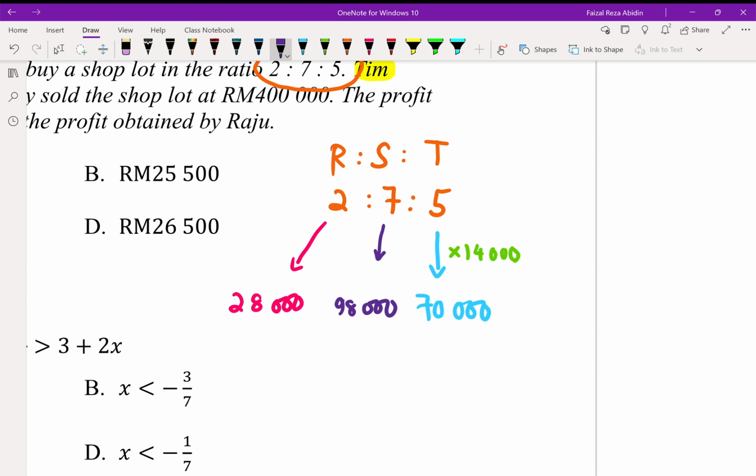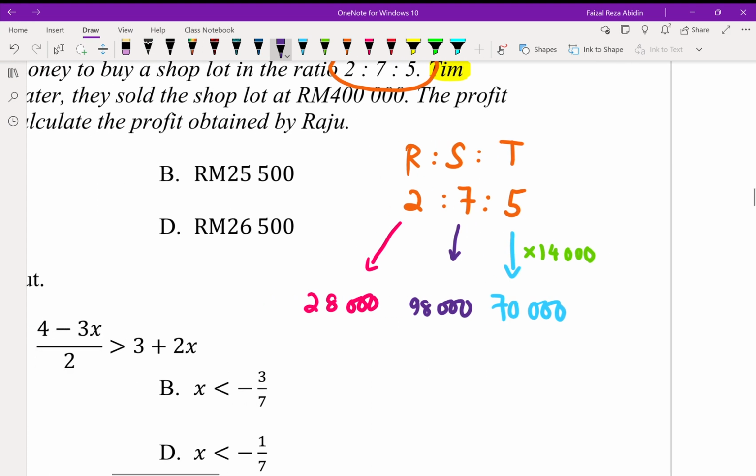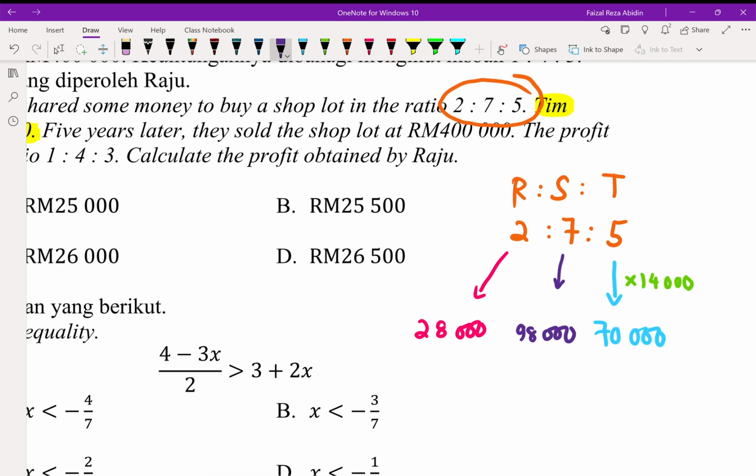That's the profit. Not the 400 is your profit, isn't it? The question here said that they sold the shop lot at 400,000. So that's why we are going to find the profit first. Many of you didn't find profit. Straight away from 400,000, you divided by 1 to 4 to 3 there.